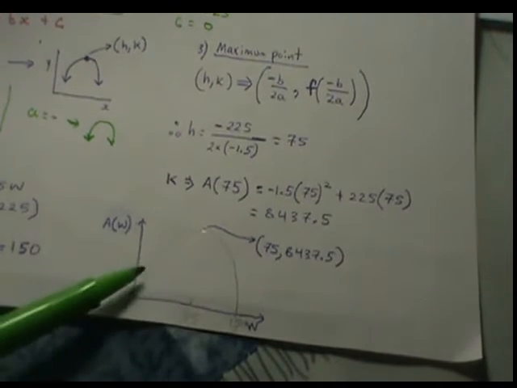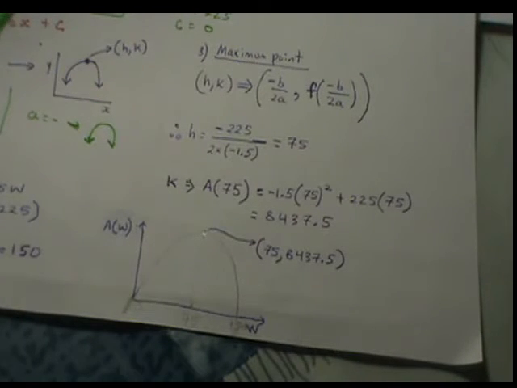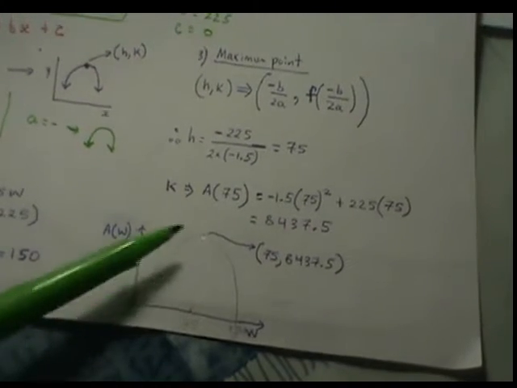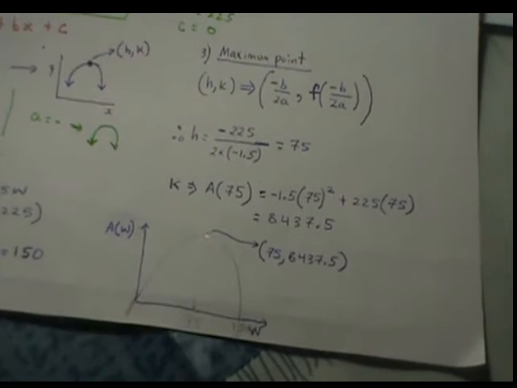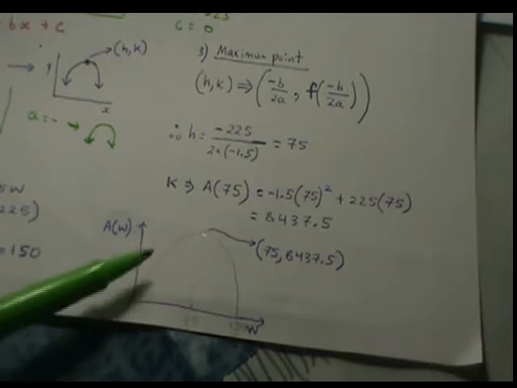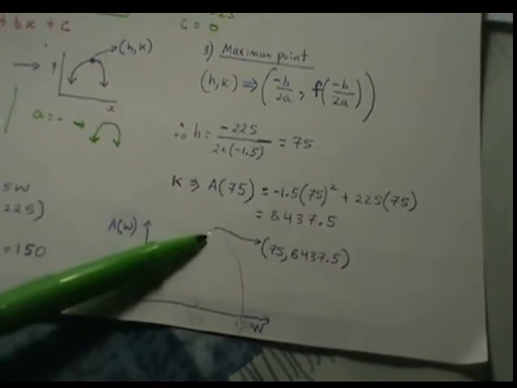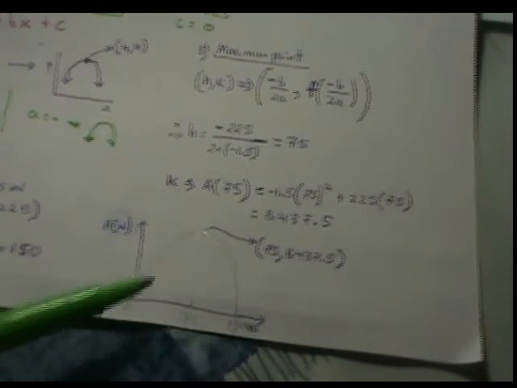So I just made a small graph for you guys to better understand this. And so basically the parabola is pointing down because the value of A was negative, so it makes basically a sad face. So there is a maximum point, which we've determined, and then the two x-intercepts.